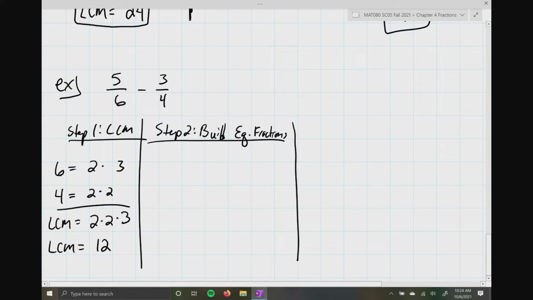Step 2, we're going to build equivalent fractions. So I rewrite 5 over 6. And I know I need to multiply that by a number so that I get 12 as a denominator. What is that number? And be specific.